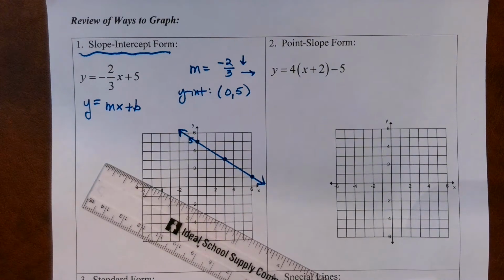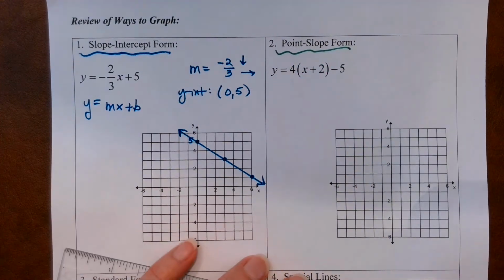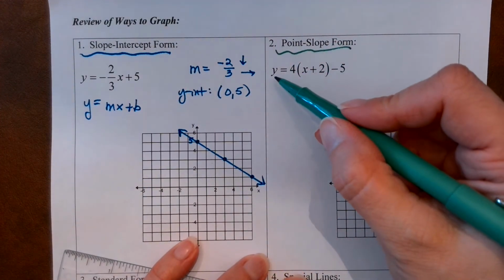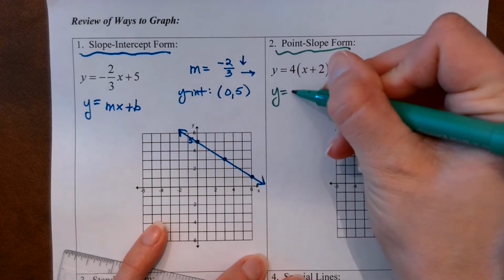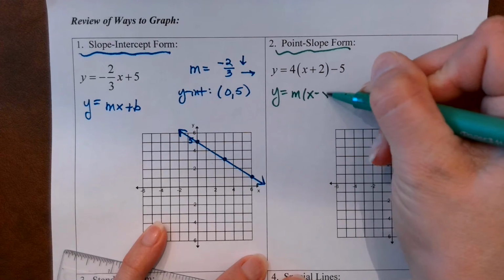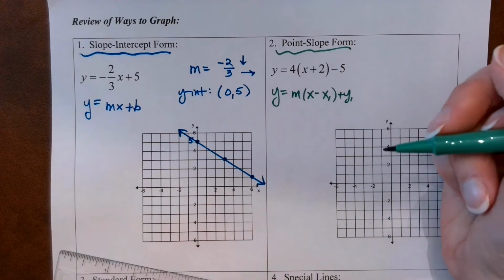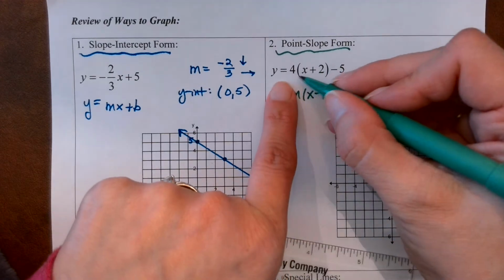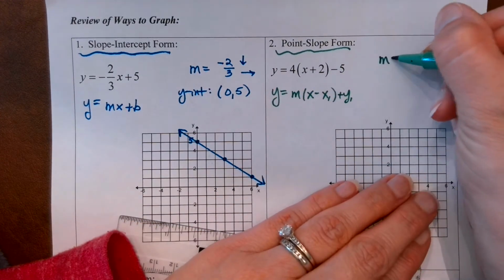The second way is point-slope form. When we first met at the beginning of the year, sometimes you guys called this the long version. Okay, it's y equals m, x minus x1 plus a y1. You don't have to worry about that formula. You just have to recognize that it's the long version, and there's 2 key features you're supposed to know.